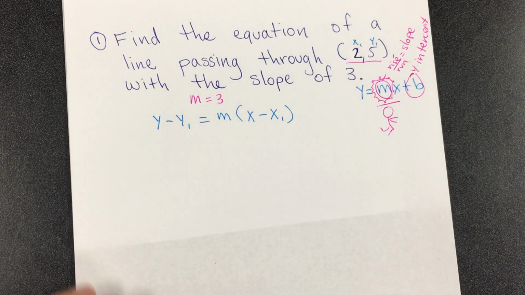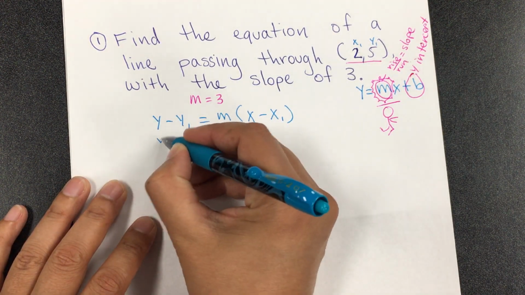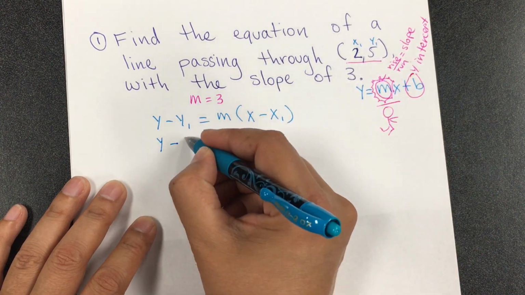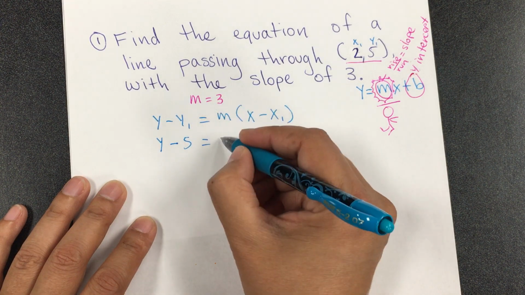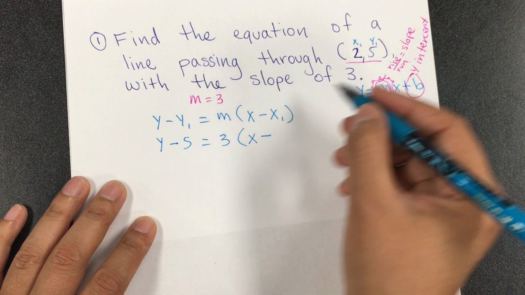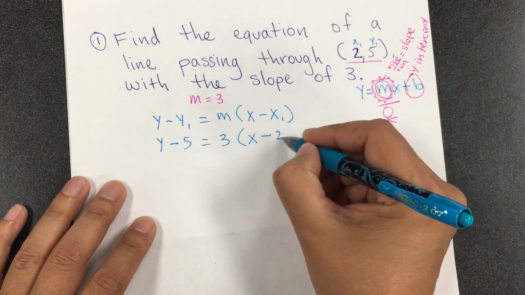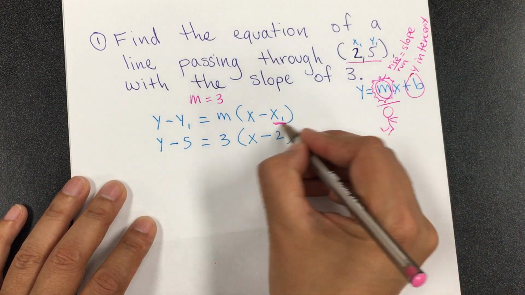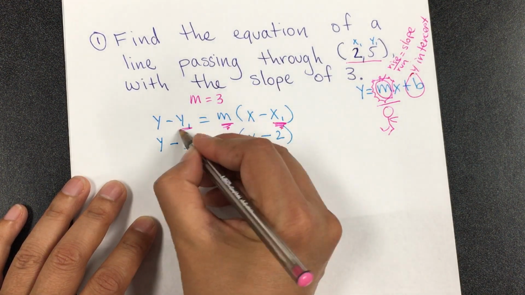Now that we have that, we're going to write y minus y1, which is 5, equals m, which is 3, times x minus x1, which is 2. So all you did was replace the x1, the m, and the y1.